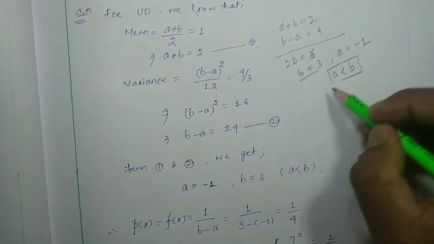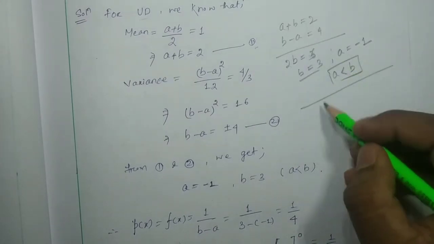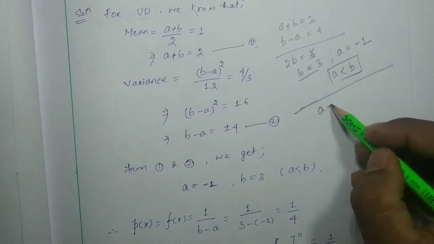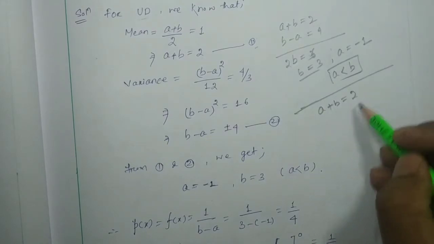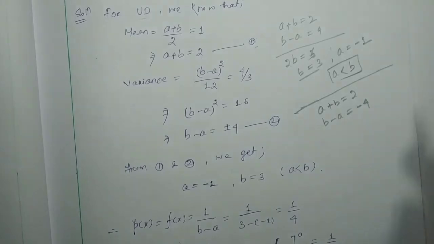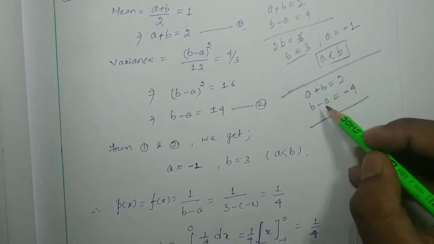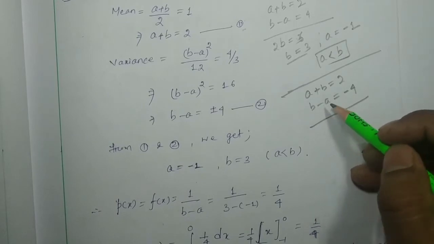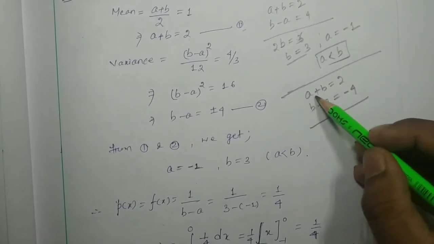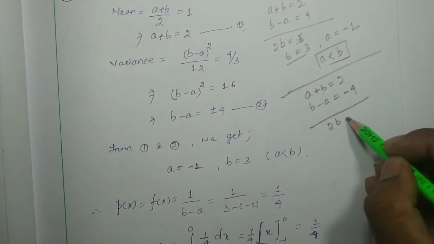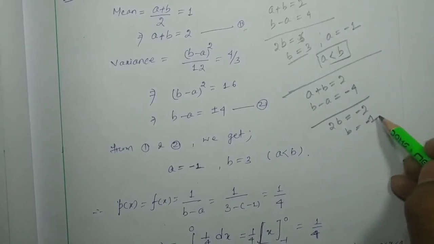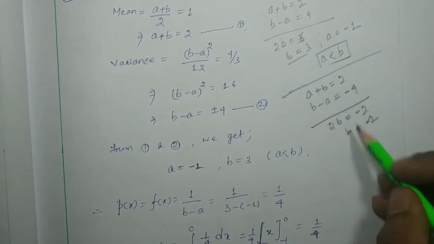Okay, but if we consider b minus a equal to -4, then what is going to happen? You can see a plus b equal to 2, and b minus a we have considered as -4, suppose. Then just add, we get 2b equal to -2 and b equal to -1, and if I put this b equal to -1 here, then a equal to 3.